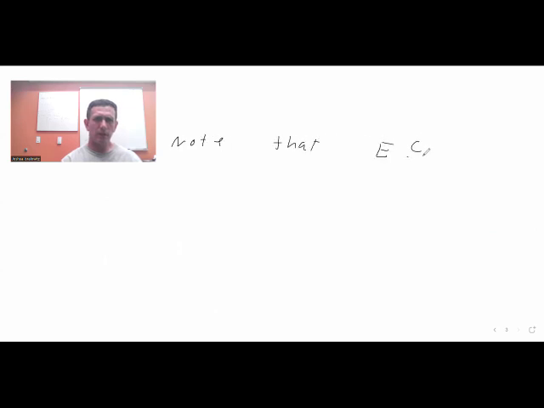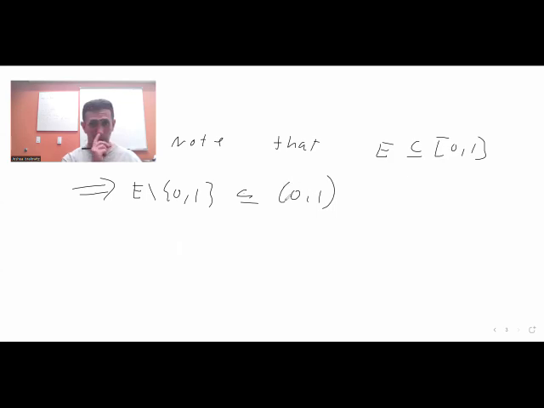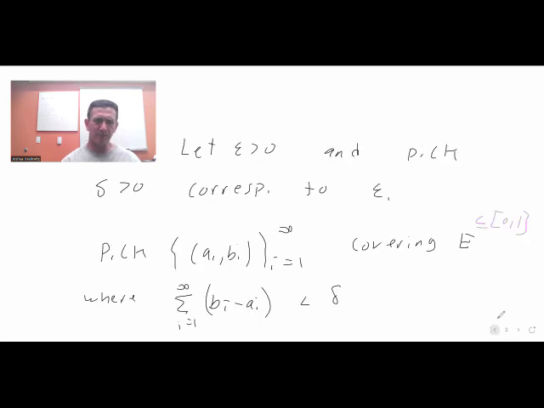So E is a subset of 0 to 1. This is why I want to look at E take away 0 and 1. This is convenient here. So E take away 0 and 1 is a subset of 0 to 1. That's going to imply that the intervals intersected with 0, 1 are going to cover E take away 0 and 1.